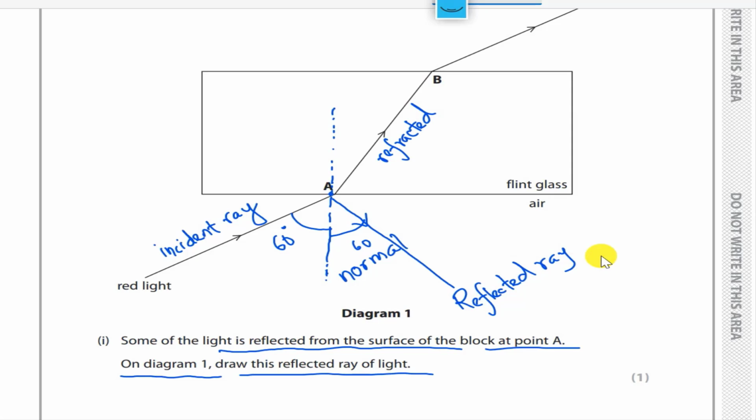The angle between the normal and the refracted ray is known as the angle of refraction. Angle of refraction is denoted by small r and angle of incidence by small i. We can measure the angle of refraction and angle of incidence by protractor. Here it is 31 degrees.